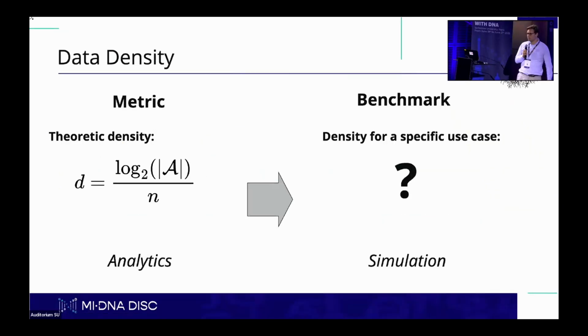Data density is one of the most widely used metrics in encoding. When you develop an encoding scheme and you want to present the advantages and benefits, very often people talk about data density.